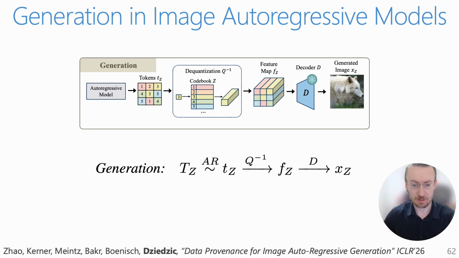The notation is that upper T is the set of tokens generated from the AR, the autoregressive model, which generates these tokens T sub z token by token.